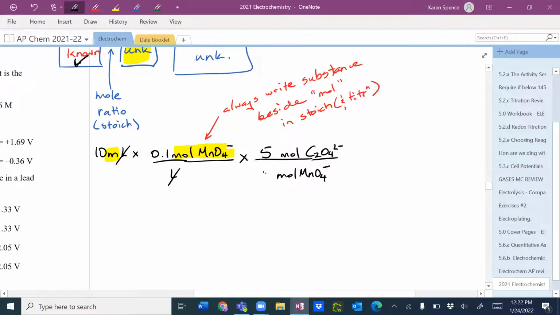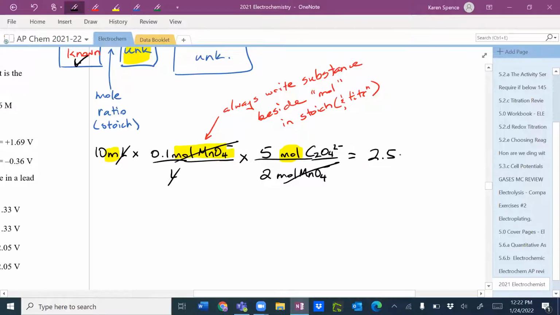Now our moles of MnO4 have canceled. And so at this point, we have millimoles of C2O4, and I'm just going to put an equal sign now and do that calculation. That's 10 times 0.1 times 5 divided by 2 is 2.5.